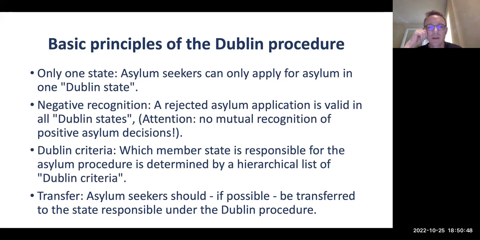And the last point is, you check who is responsible going through the hierarchical list of criteria. As soon as you establish who is responsible, in the ideal situation, this asylum seeker would then be transferred to the country responsible for the asylum application. Again, this is in practice quite difficult, and we will talk about it a bit more. Okay, last point, and then we make a break.